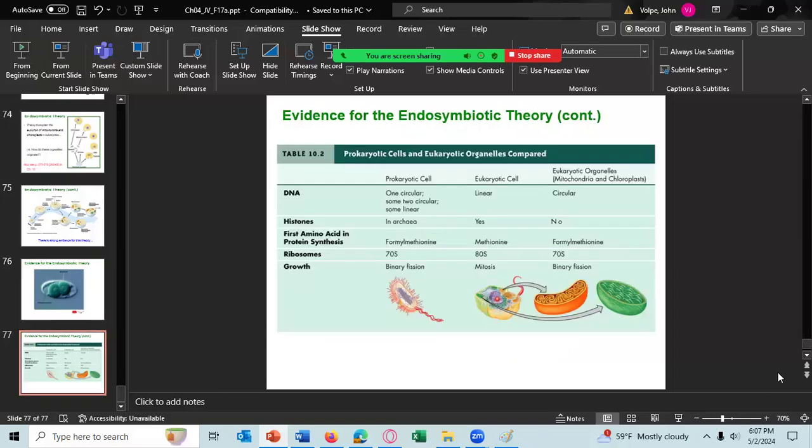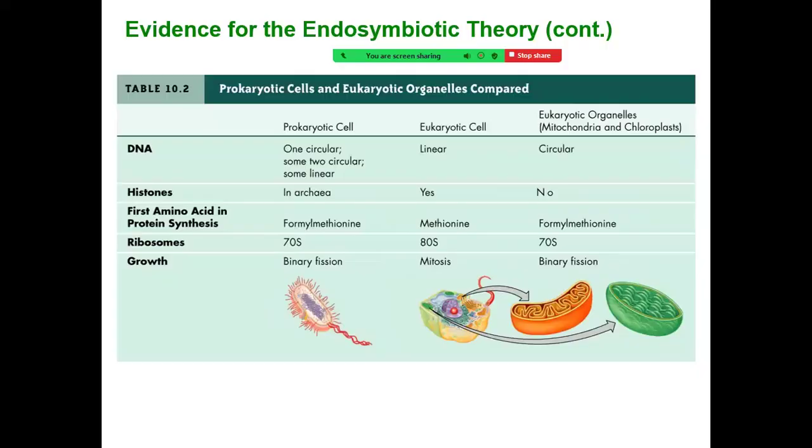There's some other evidence. When we look at the DNA of a prokaryote cell, generally there's one molecule of DNA, it's circular. A eukaryote has different DNA. Usually there's more than one chromosome. The DNA are linear.